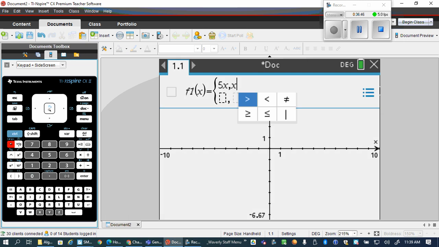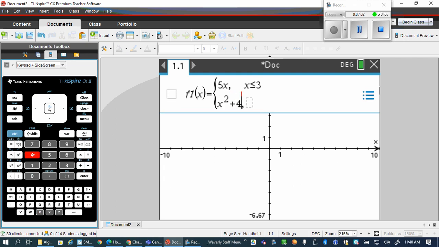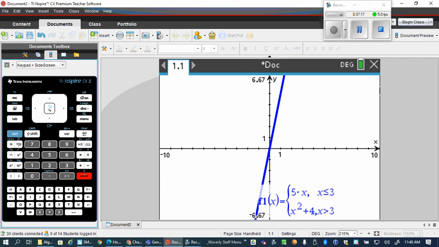Control equal, right? And we want less than or equal to 3. And we go down here. We're going to have x squared plus 4, and we want for x greater than 3. We got to adjust the window here somehow for this.